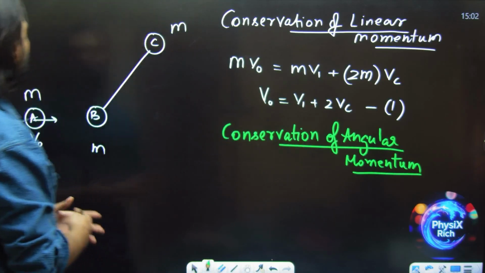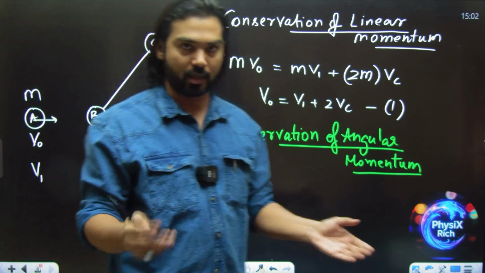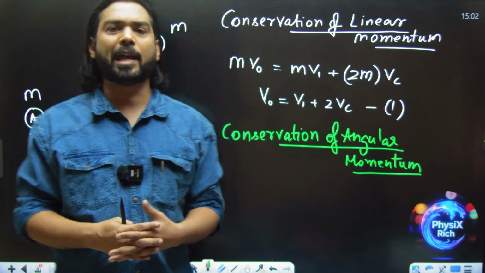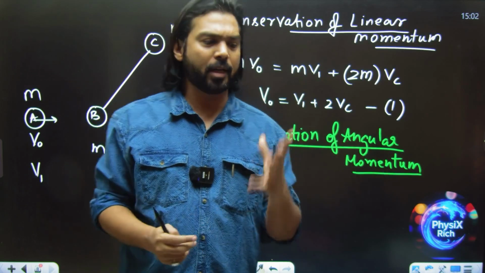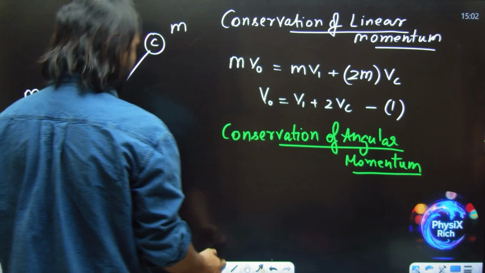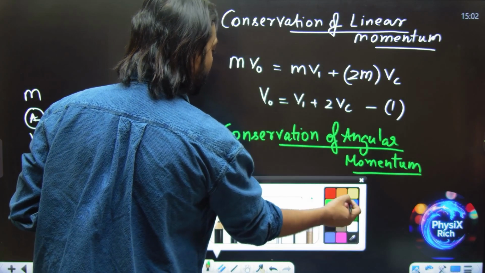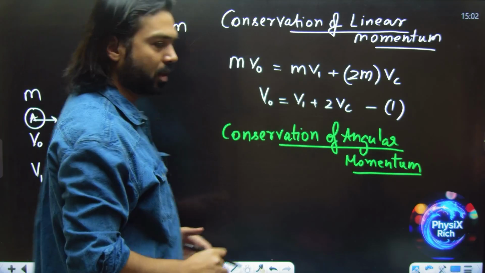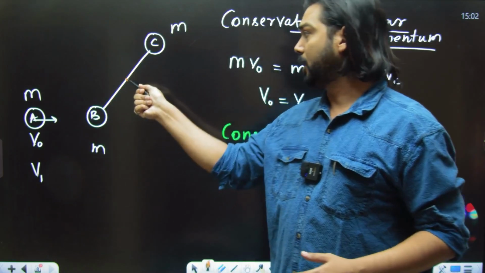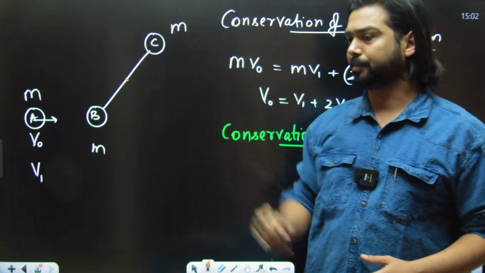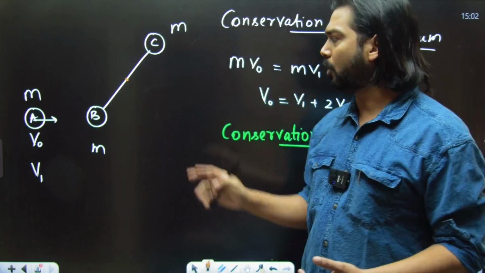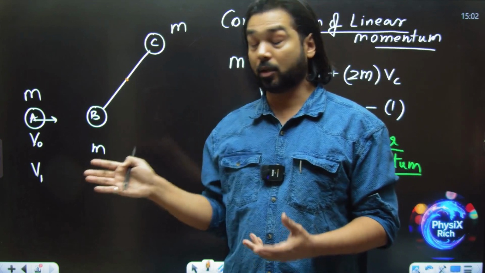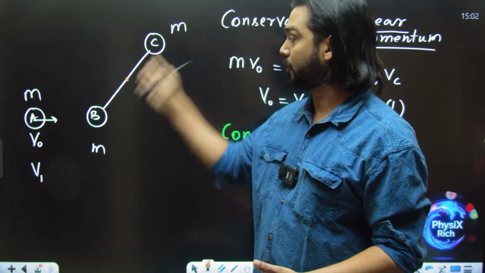So here's the thing, guys, because all the forces in this entire system are internal, and internal forces never really have torques, we can conserve the angular momentum about any point. I have seen in my personal experience that students really enjoy going to the center of mass of this system, and they try to conserve angular momentum about this point, which is the center of mass of B and C. This way, they try to avoid the total angular momentum situation for this rod.